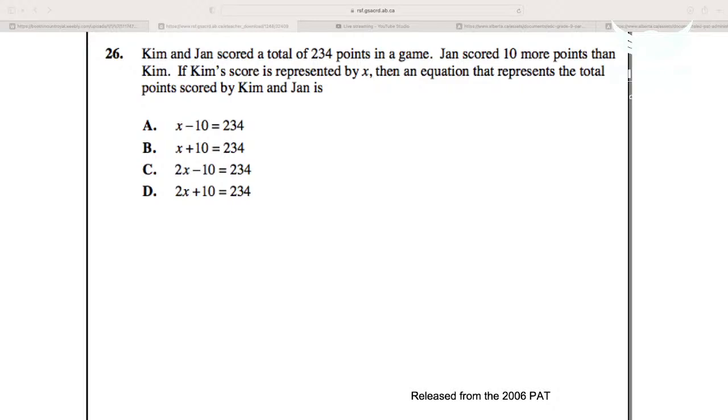Next question. So Kim and Jan scored a total of 234 points in the game. Jan scored 10 more points than Kim. If Kim's score is represented by X, then the equation that represents the total points scored by Kim and Jan is, okay, so again, it's a word problem. We just need to build an expression here.